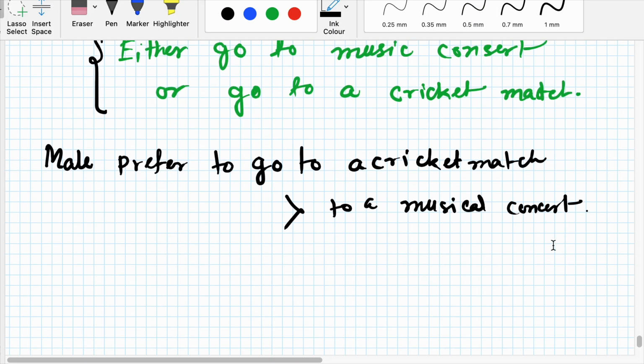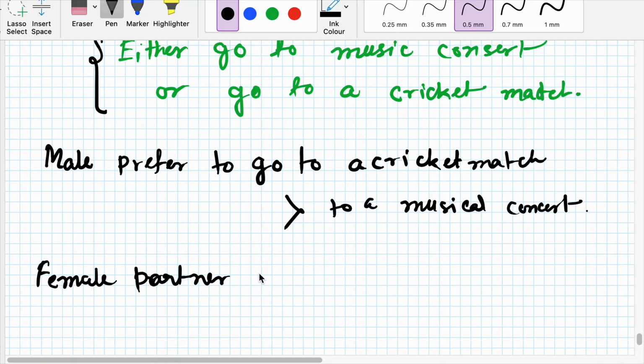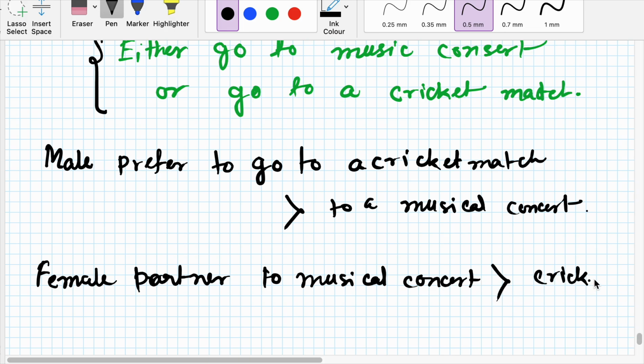And in the opposite, the female partner's preference is just the opposite. So the female partner prefers a musical concert more than a cricket match.